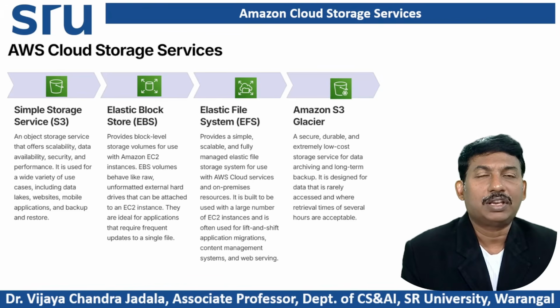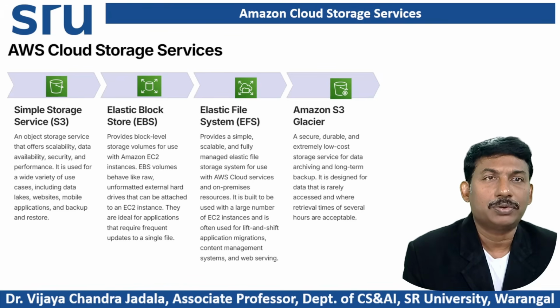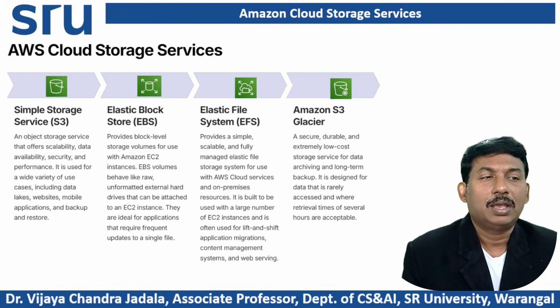So Elastic File Storage is majorly used to shift a huge quantity of files or data from one server to another, for application migrations, content management systems, and web serving. These all are considered under EFS, Elastic File Storage.